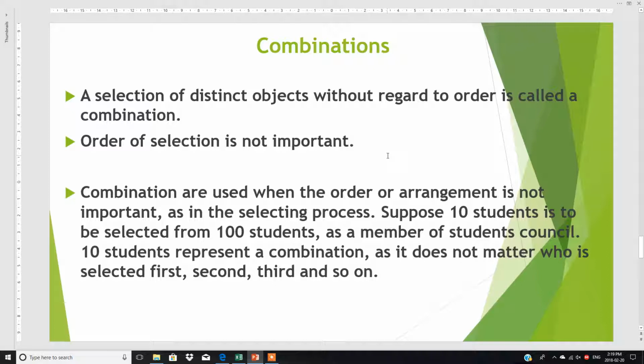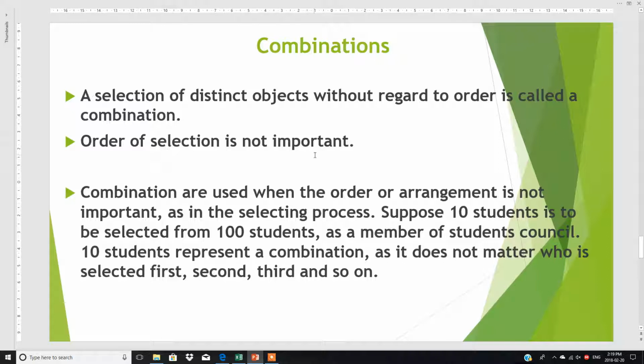But in permutation, order is required, which we discussed in the last lecture: A, B or B, A are two different things. In combination, A, B and B, A are the same, so you write only one time because no order is required.